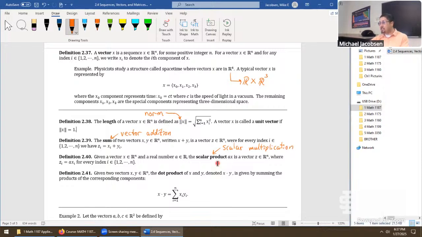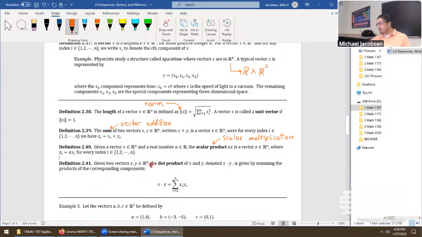What we do instead is we take a vector X in Rn and a scalar A in R, then the new vector Z that we produce still lives in Rn. This is just a way to say, in essence, we go for every index, every component from the original vector X and multiply it by A. So that's the result of the scalar multiplication.